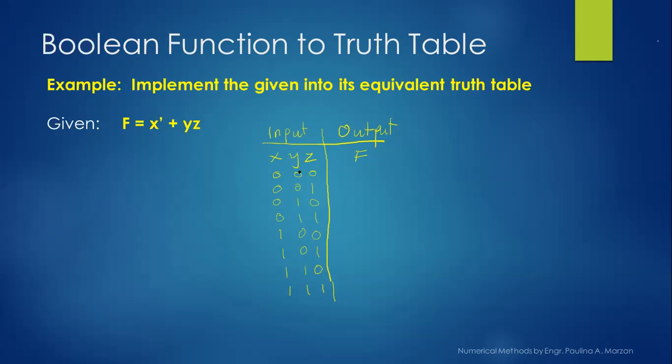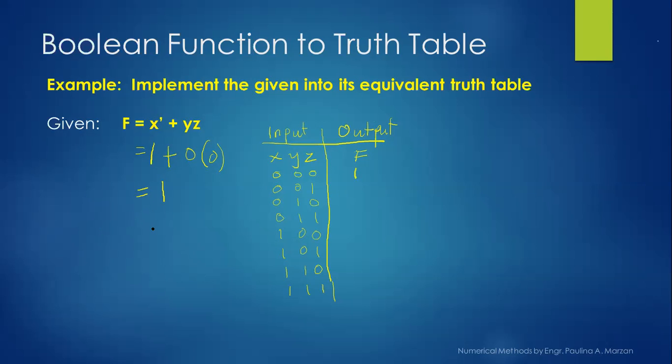So for the combination 0, 0, 0, if we substitute it into our function f, then if x is 0, x prime is 1, and then OR y is 0, and z is 0. When simplified, 1 or 0 and 0 is actually 1. So our f here is 1.